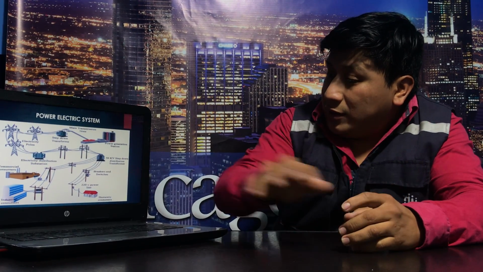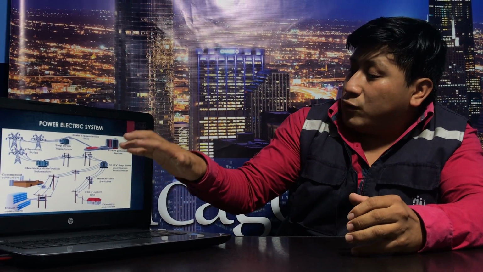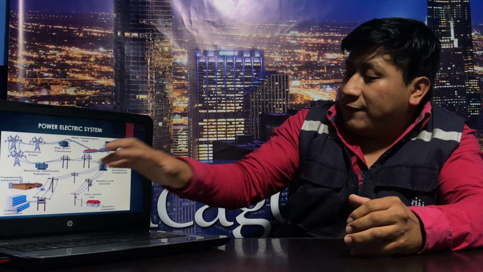In this case, we have three types of consumers: commercial consumer, industrial consumer, and domestic consumer. The power electric system goal is to transport the electricity from power generation station to final consumers.